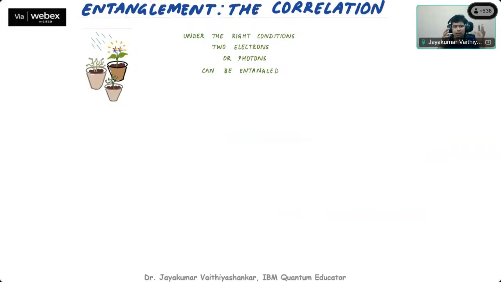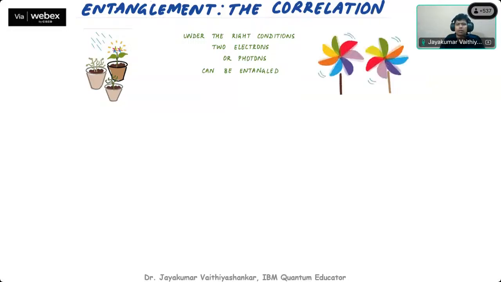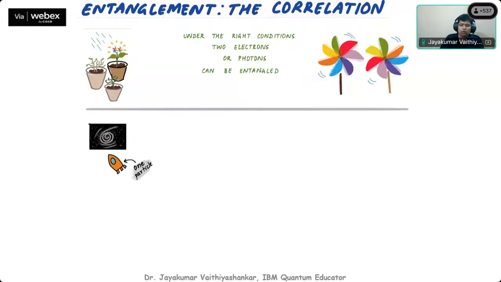You can see under the right condition, this plant can grow to full potential. In the same way, under the right condition, if you take 2 electrons or 2 photons and make them entangled, it means you are creating a strong correlation.